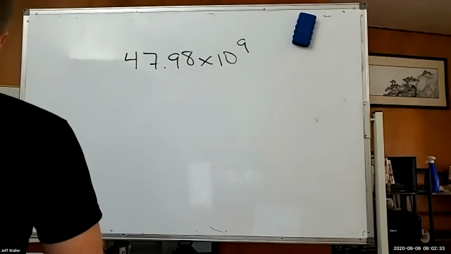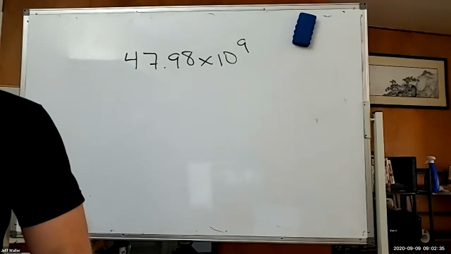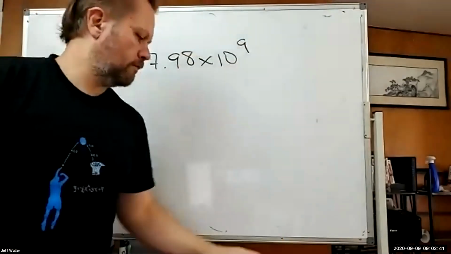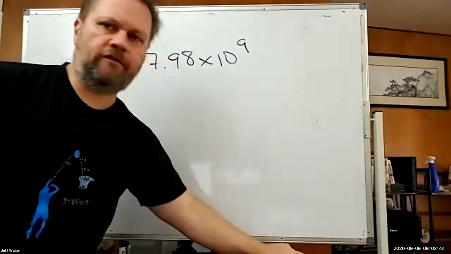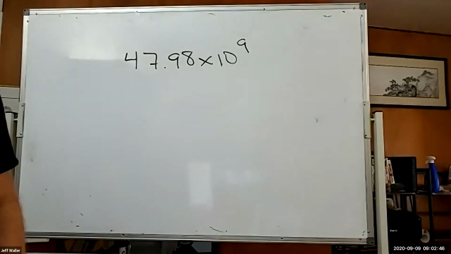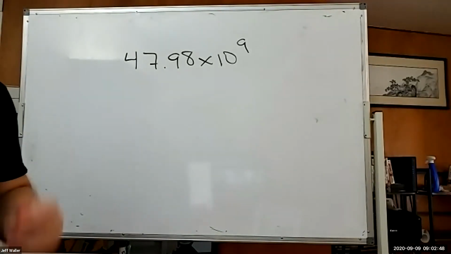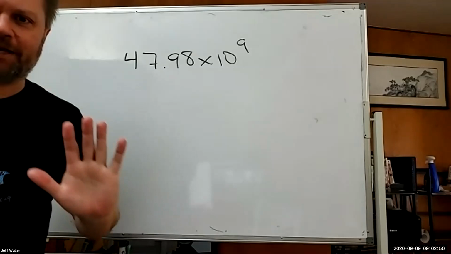Is there a problem with this? Yes. What's the problem? The decimal's in the wrong spot. So how do we fix it? You move it between the 4 and the 7. True, but then what else has to change?